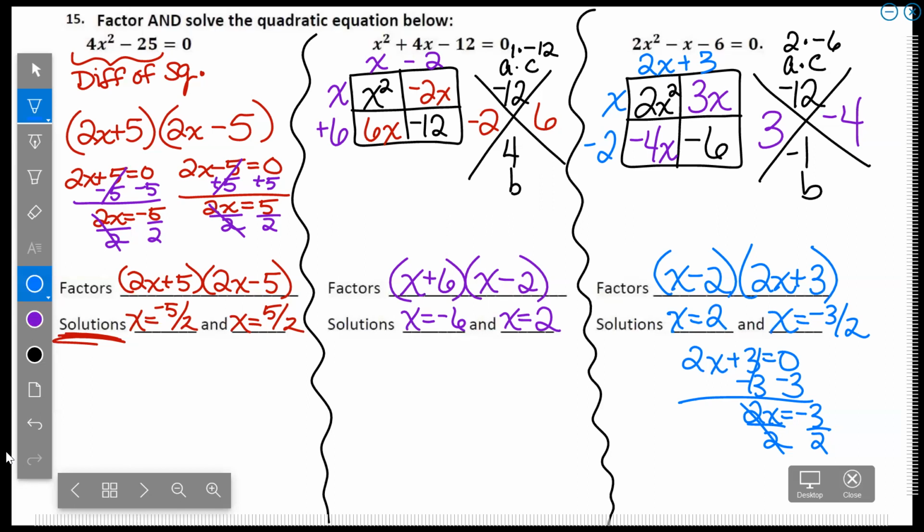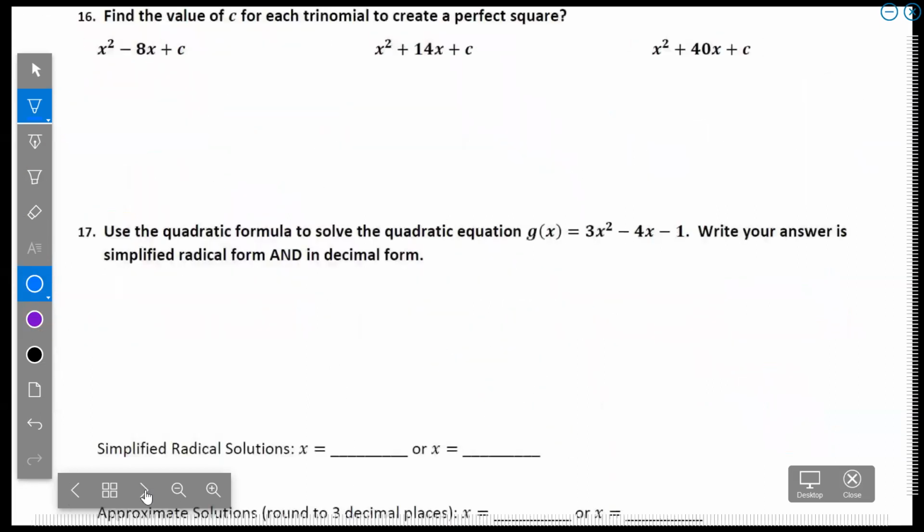Go look at the next problem. Top of page 6. Find the value of C for each trinomial to create a perfect square. What we're going to do is take this middle number right here.